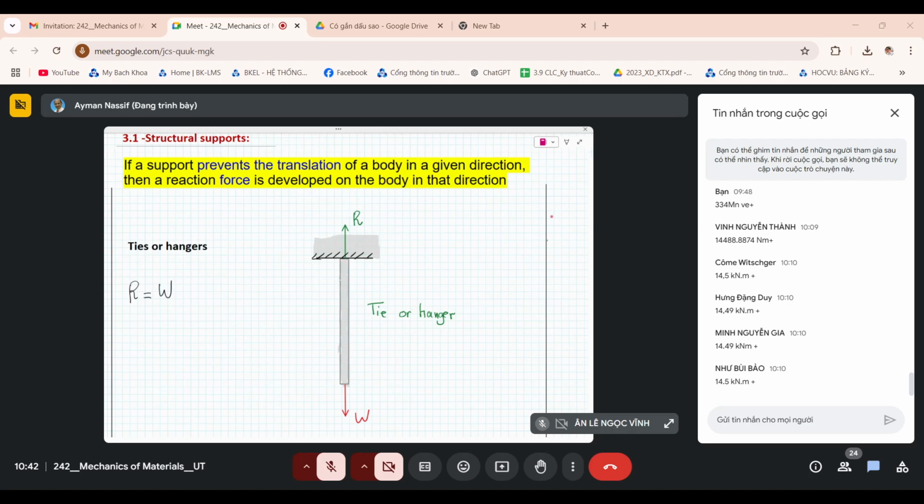And of course, the element itself will be subjected to tension. That's an idea which is simple. Of course, we have to focus more on what's happening here in the future, but for now, you don't allow any movement in this direction. So you develop a reaction in this direction. You don't allow any linear translation, so you develop a linear force reaction.